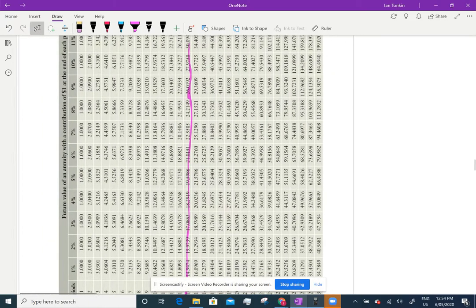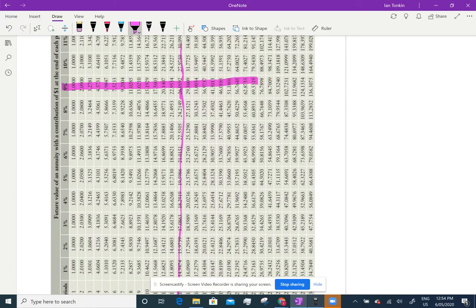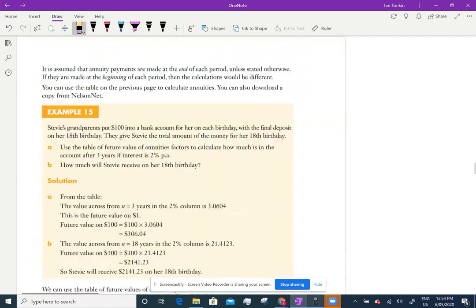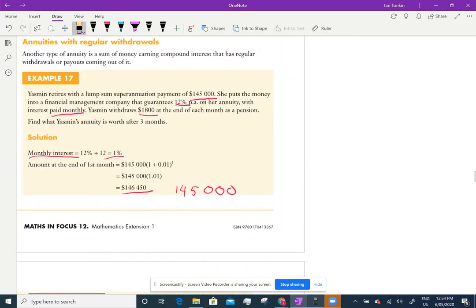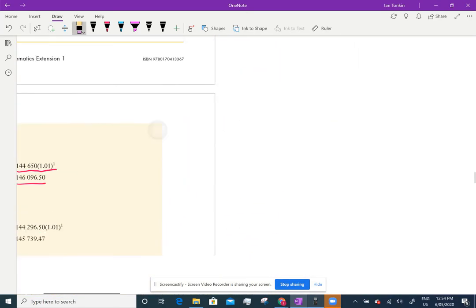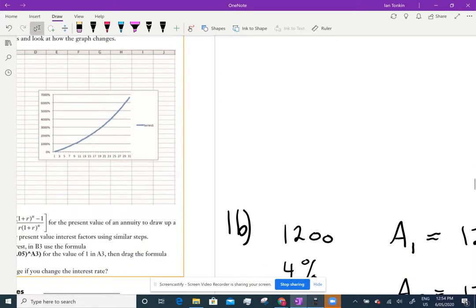And here's my 9. And you can see, there it is. We'll get rid of the pink stuff now. 26.0192.